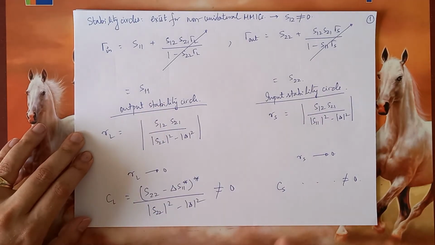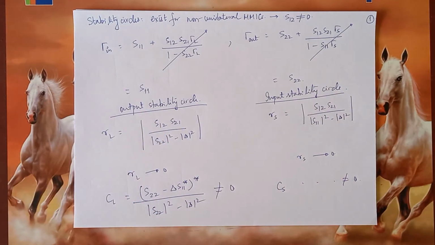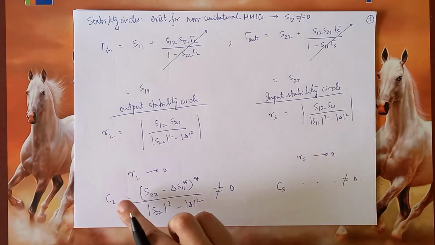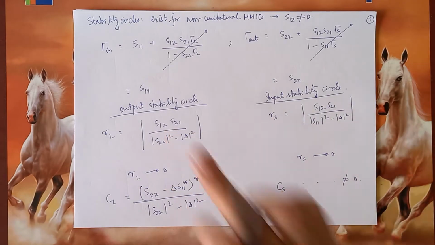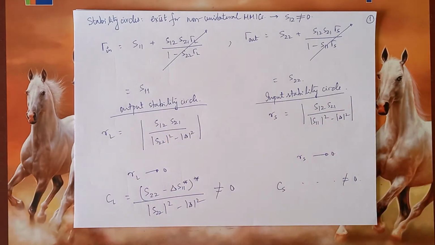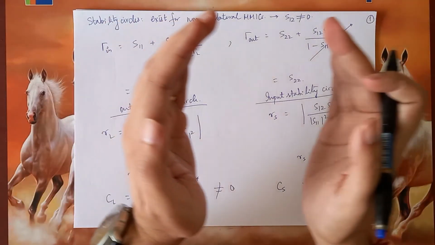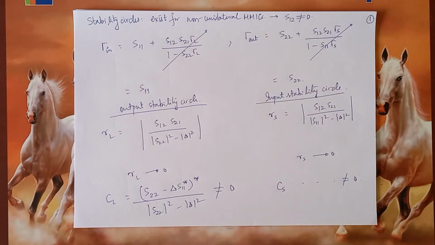So if you were to draw this stability circle, they are still circles with some non-zero center. The center will lie somewhere on the gamma plane, but the radii RS and RL are 0, so the circles will essentially reduce to a point.